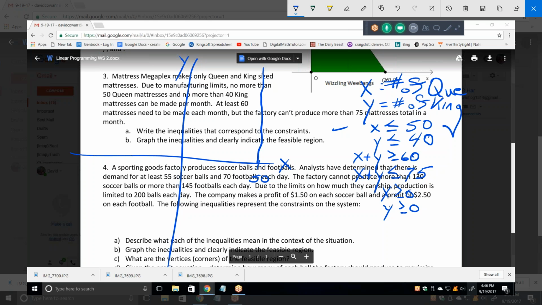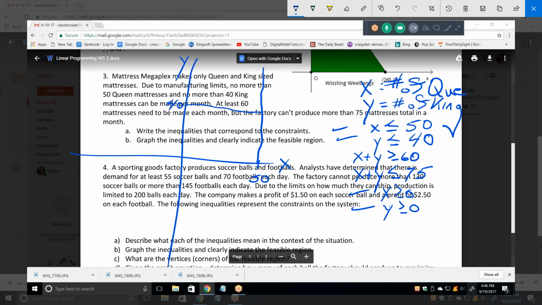It's a horizontal line at 40. Which side of that are we on? Below. Okay. So far, this rectangle is our feasible region. But we've only done that one, that one, that one, and that one. Now we have to do these two inequalities here.